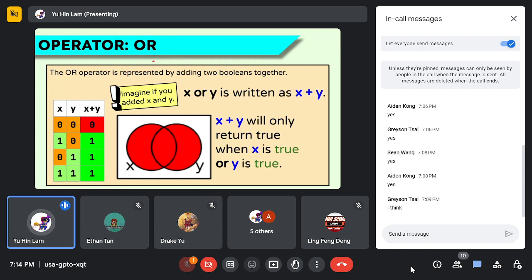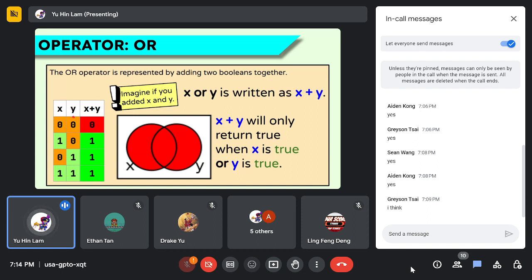All right, so our second operator is the OR operator. It is represented with a plus sign. Just like before, we have a truth table here for our OR operator, and an OR statement will return true if x is true or y is true.